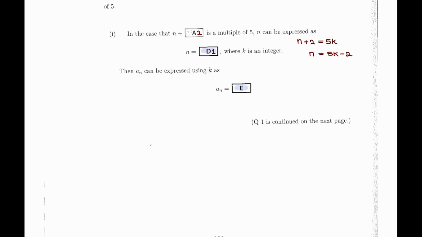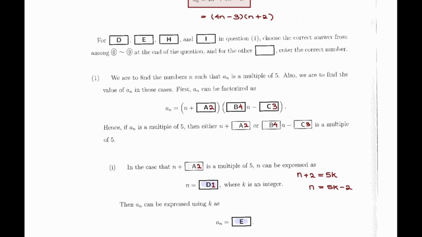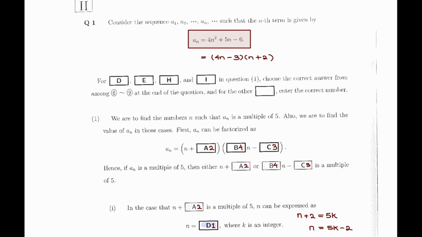Then an can be expressed using k. After I know n is equal to 5k minus 2, I can substitute it into this quadratic expression. Or of course, I can also substitute it into this factored form. So up to you. You want to substitute it into the first function or the second one. I think the answer should be the same. But for me, it is easier to substitute it into this one.